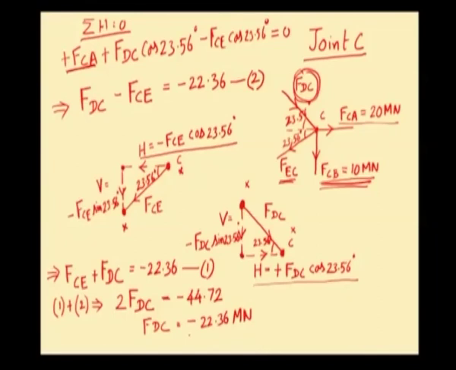The negative sign here indicates that the assumed nature of force for the member DC, that is compressive, is wrong, and hence it should be tensile. So, therefore, FDC is 22.36 meganewton tensile.